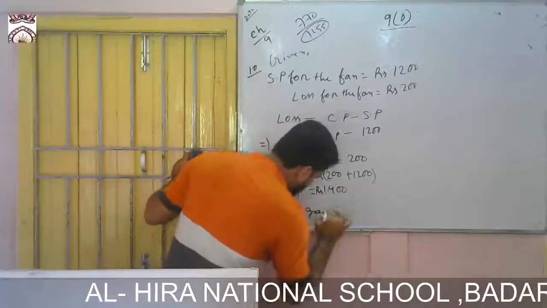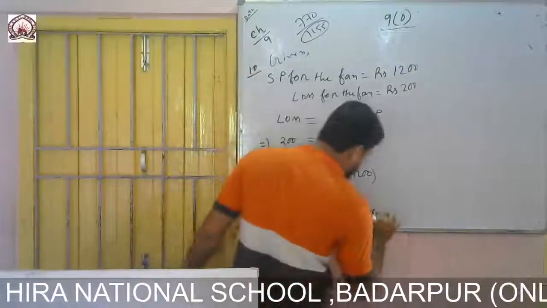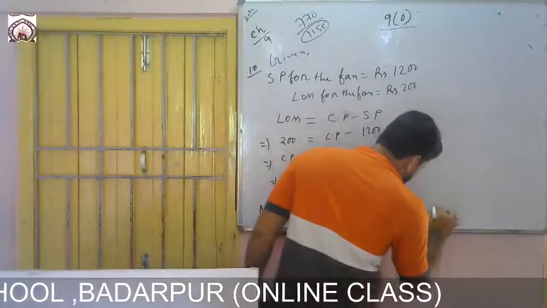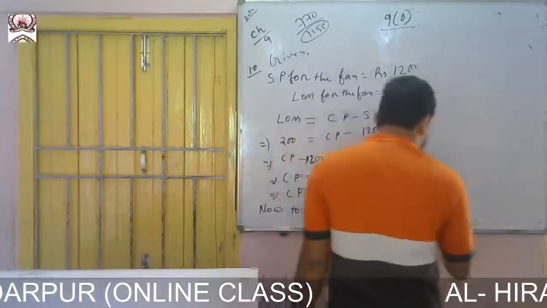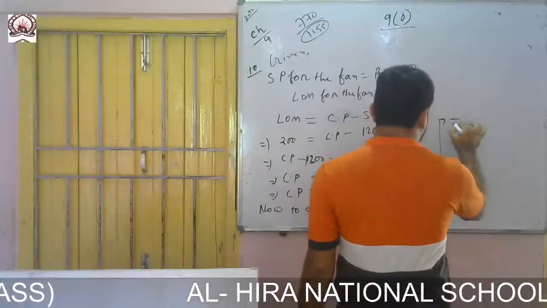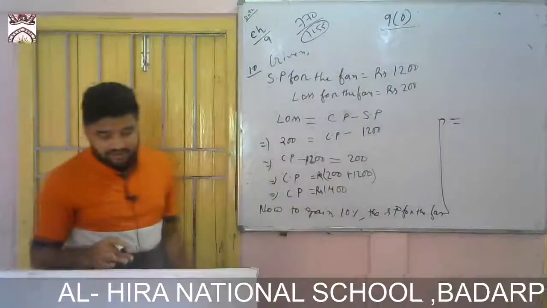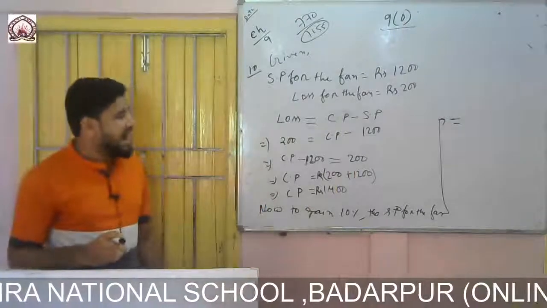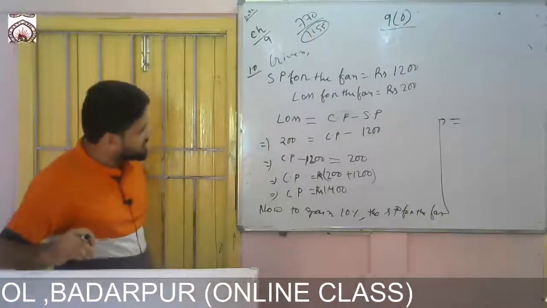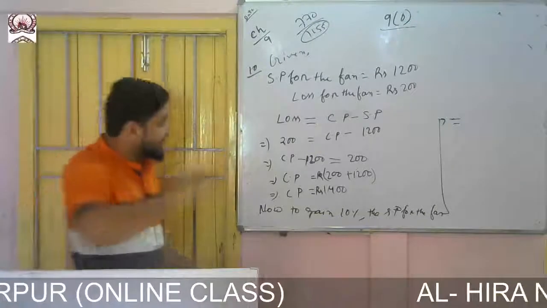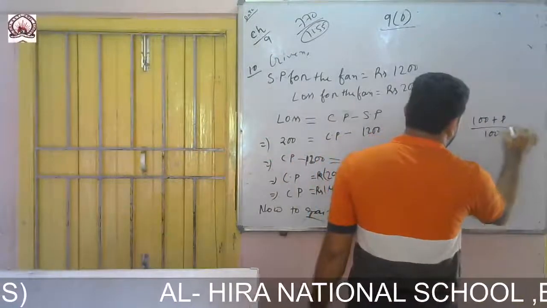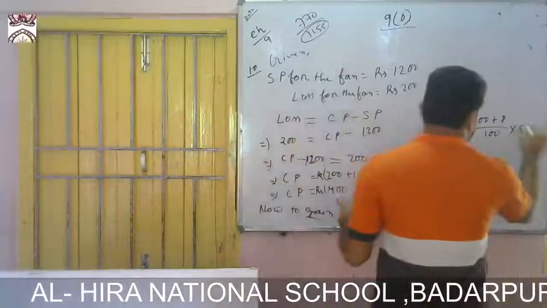Now, to gain 10%, the SP for the fan will be: SP equals 100 plus profit by 100 into CP.